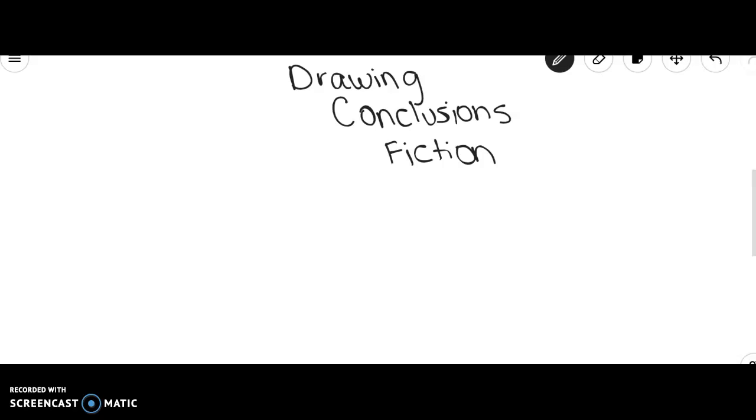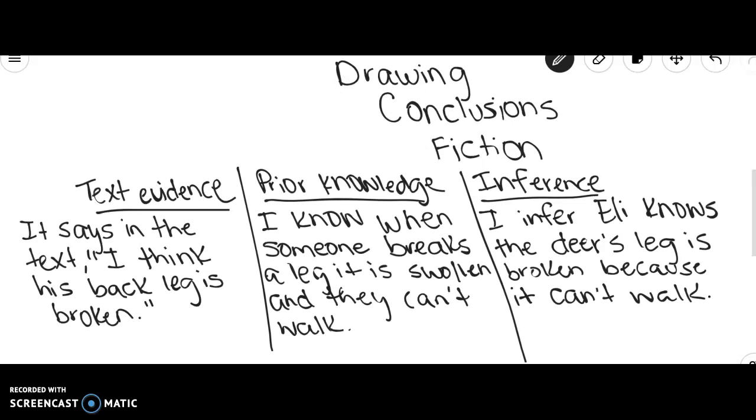So we are going to take one of our inferences that we made in the previous video and we're going to draw a conclusion on it. Here is an inference that I gathered from our previous video, and I just want to review it. So in text evidence, we get this directly from the text, and it says, "I think his back leg is broken."